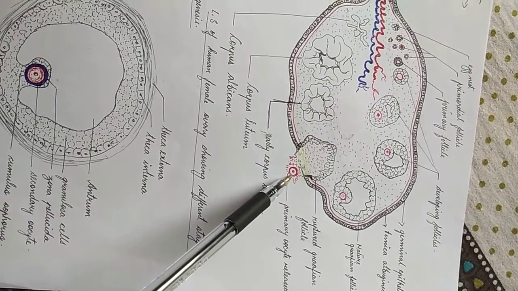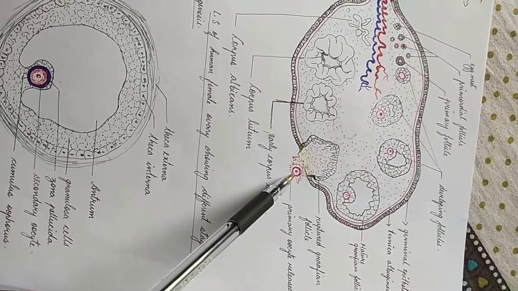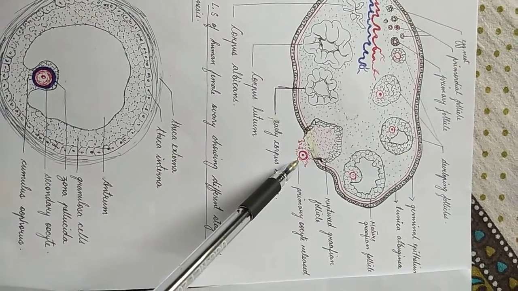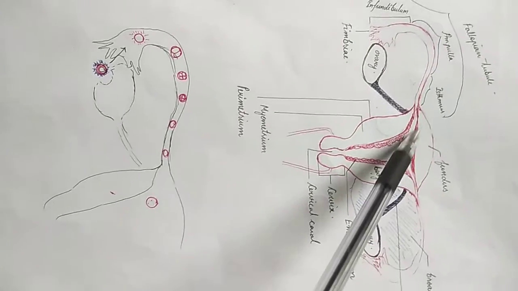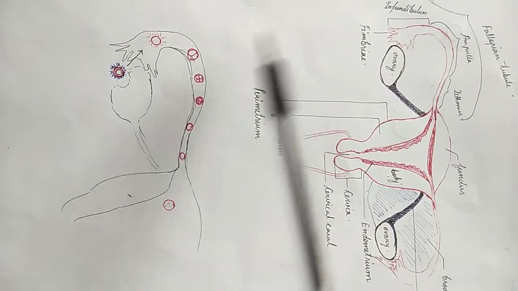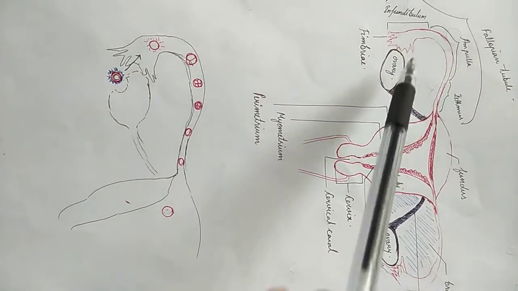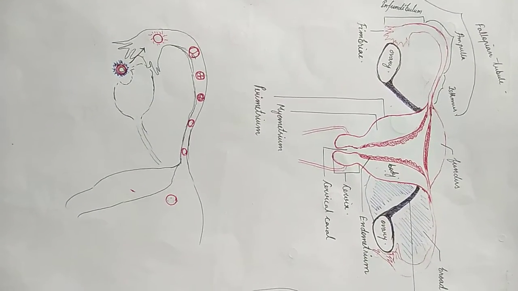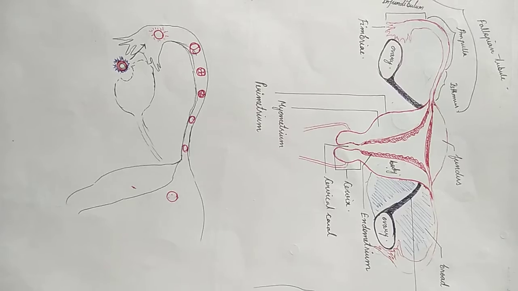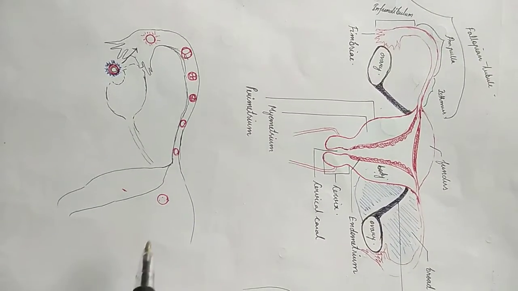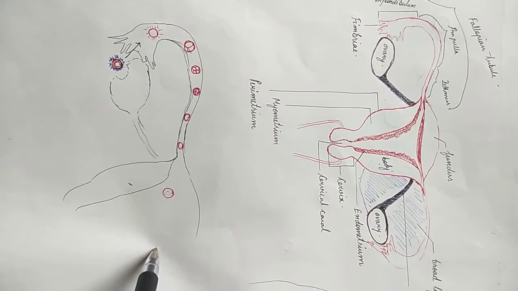Here we can see the egg is released by the ovary. The egg which is released by the ovary is then received by a pair of fallopian tubes or oviducts. The oviducts carry eggs from the ovary to the uterus.